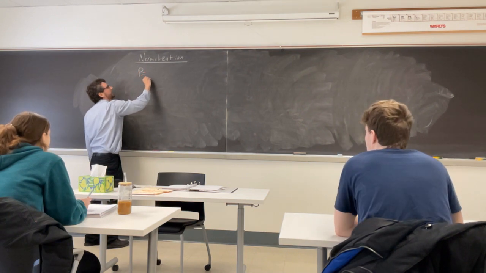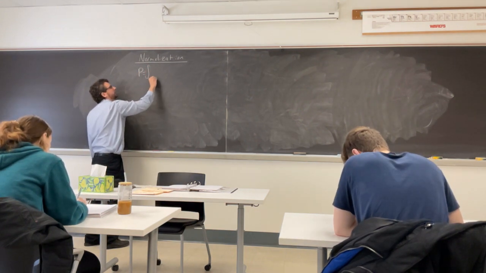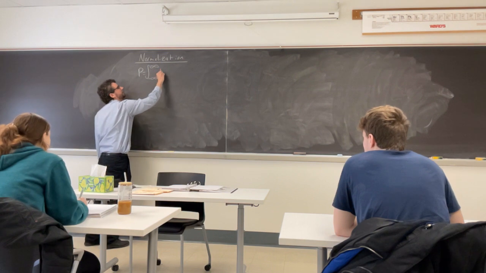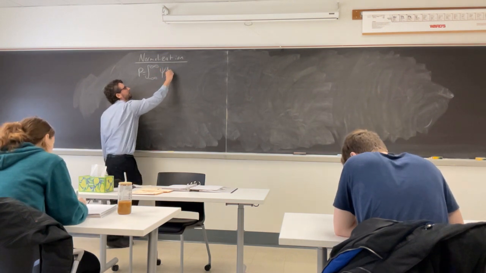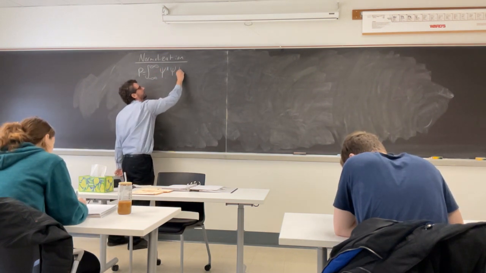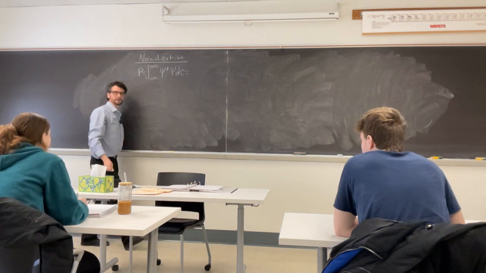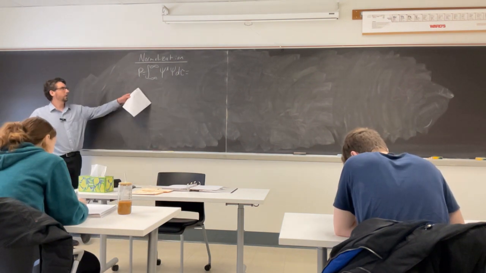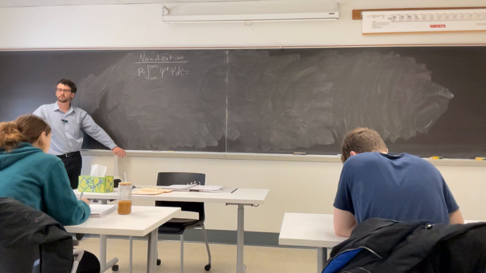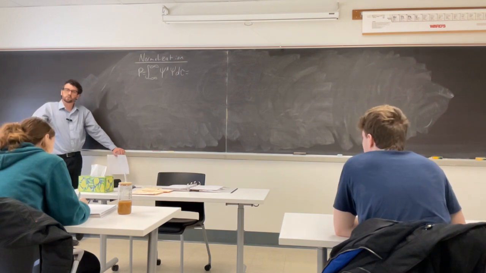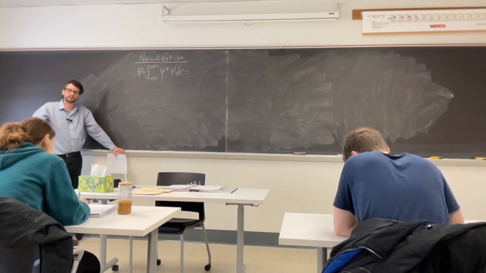Let's say I wanted to find the probability of finding an electron and I integrate over all space. What would the value of that have to be?